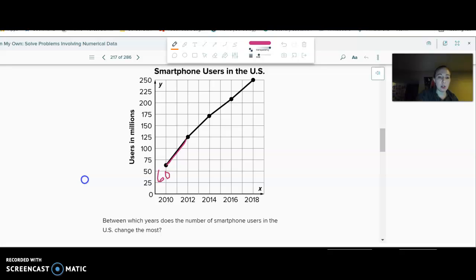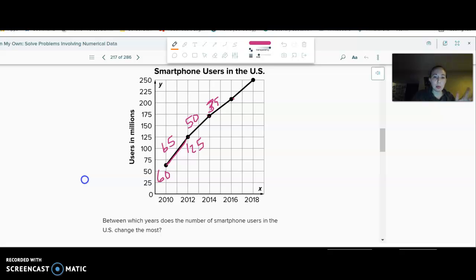So again, if we're going from 60 to 125, well, that's 65 different. From 125 to about 175, that's 50 different. From 175 to maybe 210, that would be what, 35? Yep. Somewhere in there. Hopefully my mental math's right.